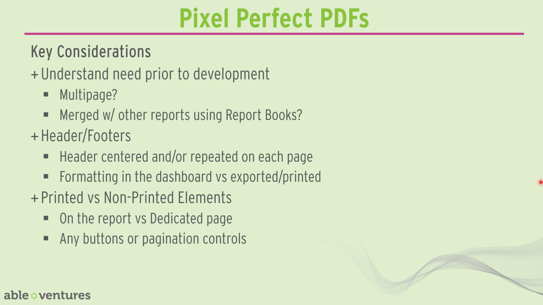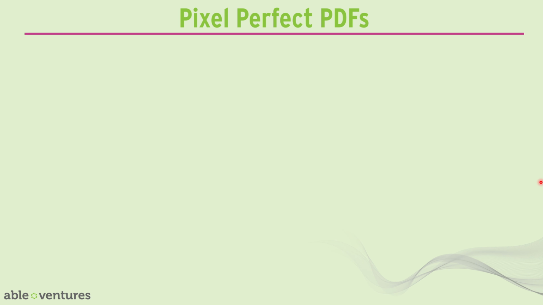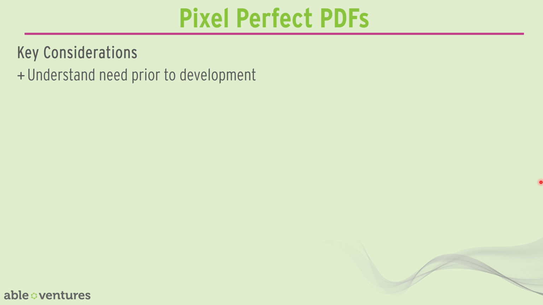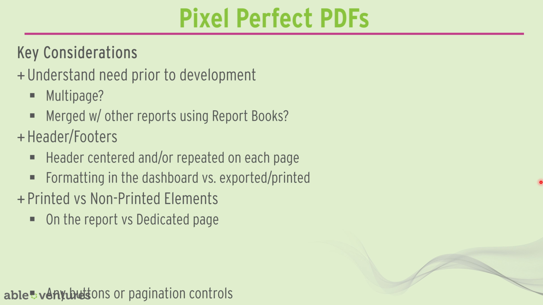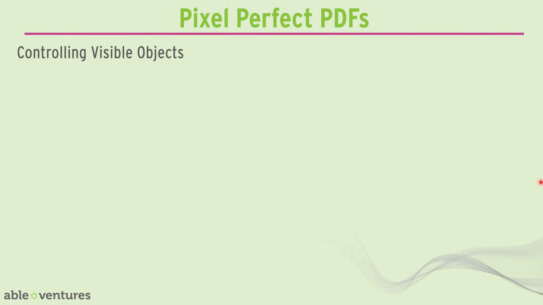So firstly, controlling visible objects. We need to understand and utilize horizontal and vertical positioning of any of the objects, where that is basically anything like an image or a text box or a drop-down or anything of that nature. You have the ability to set it as independent of the cells.